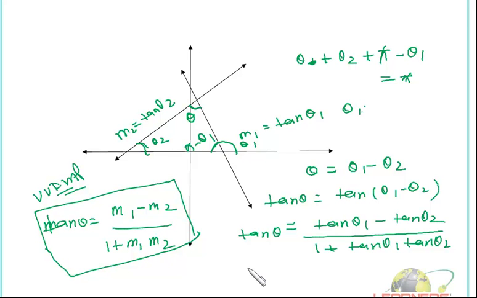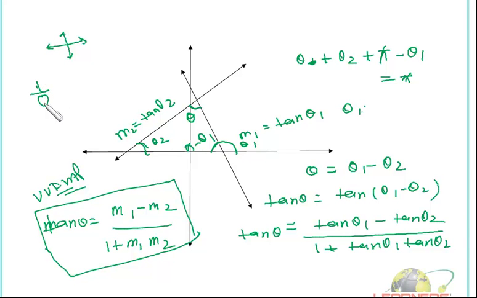Now the next interesting part. The angle between two lines is given by tan theta equal to m1 minus m2 upon 1 plus m1 m2. Now if the two lines are perpendicular to each other, that means theta will be 90 degrees, the angle between the two lines must be 90 degrees. That means tan theta will be tan 90, and tan 90 is 1 upon 0, that is infinite.